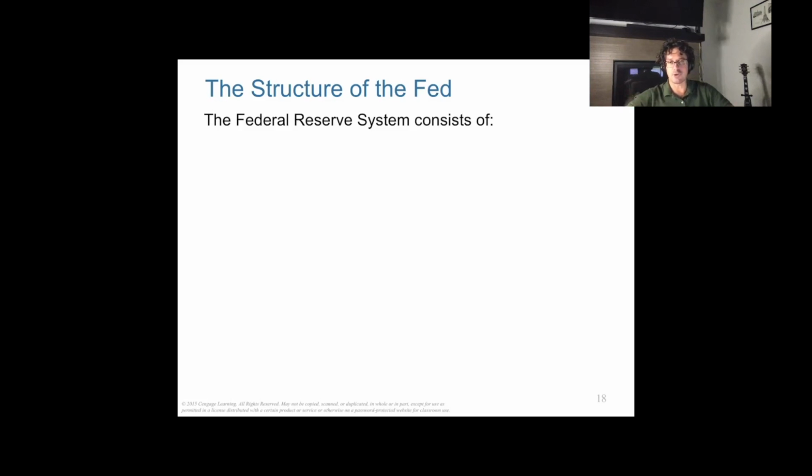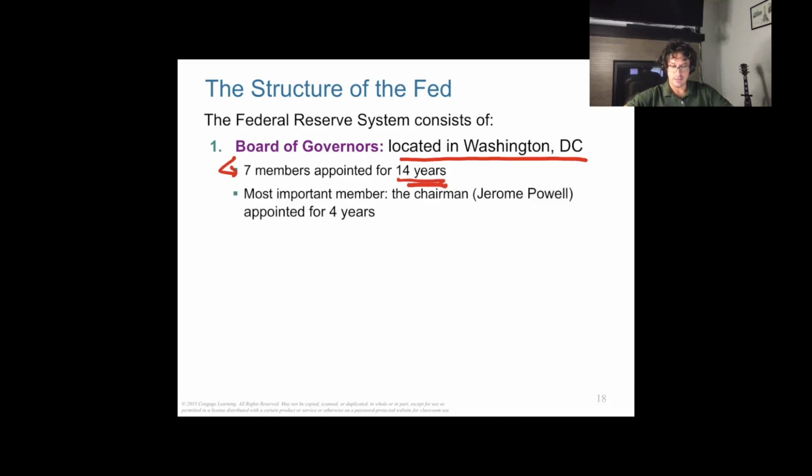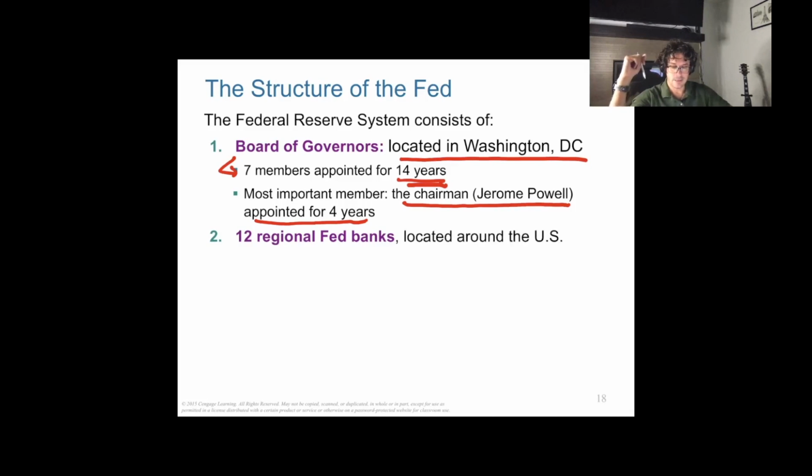Okay, let us look at the structure of the Federal Reserve. The Federal Reserve System consists of the Board of Governors, located in Washington, D.C., composed of 7 members appointed for 14 years. The most important member is the chairman, Jerome Powell, who if I'm correct was nominated in 2018, appointed for 4 years and can be renewed.